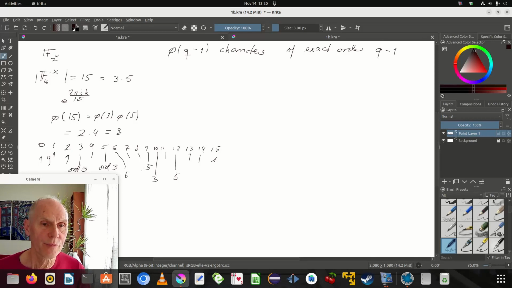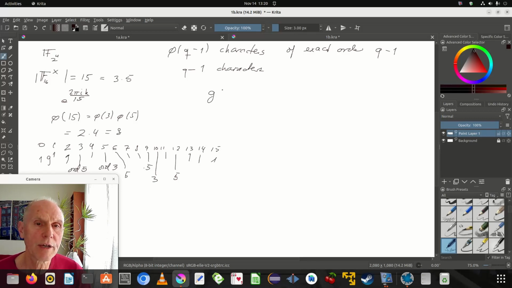And then all the powers will have lower order, and we have q minus 1 characters. So there are only so many, and they will all be generated by a generator mapping to this one.